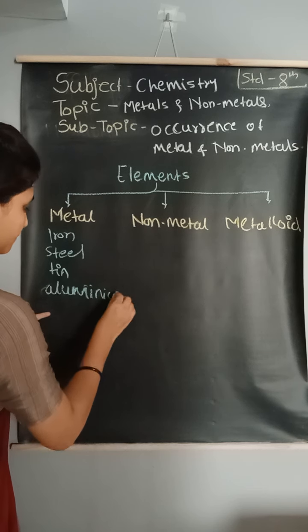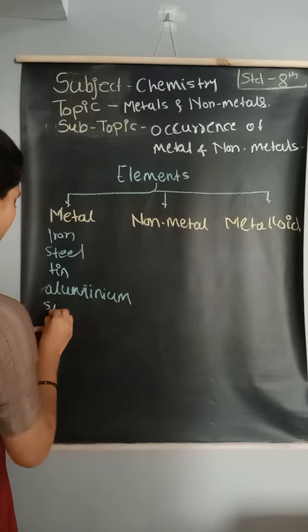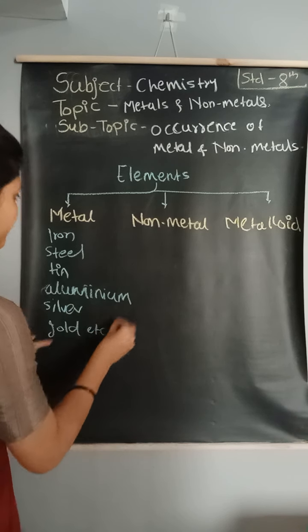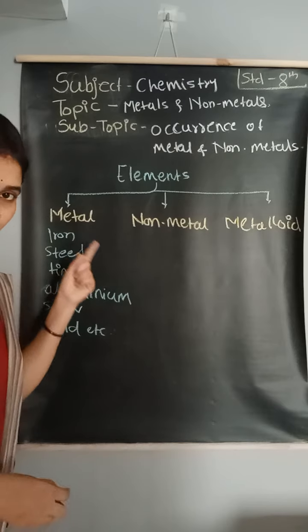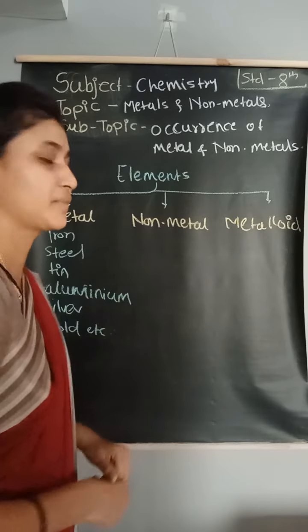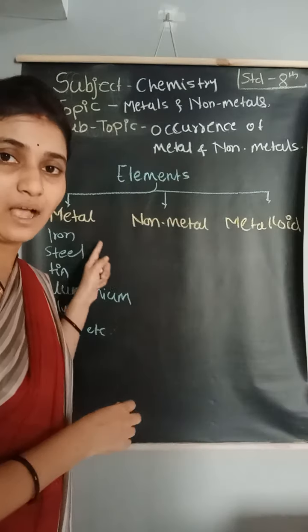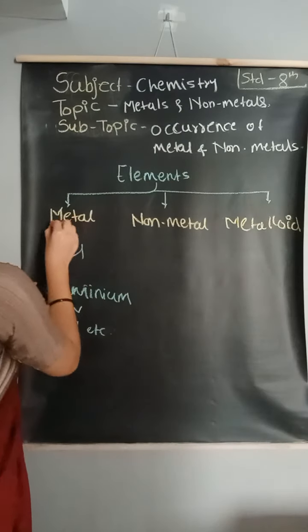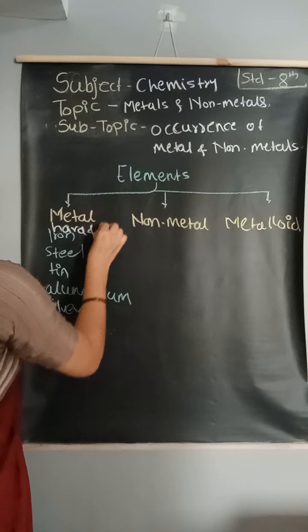Iron, steel, tin, aluminium, silver, gold, etc. are all examples of metal. Metals are hard and shiny substances.